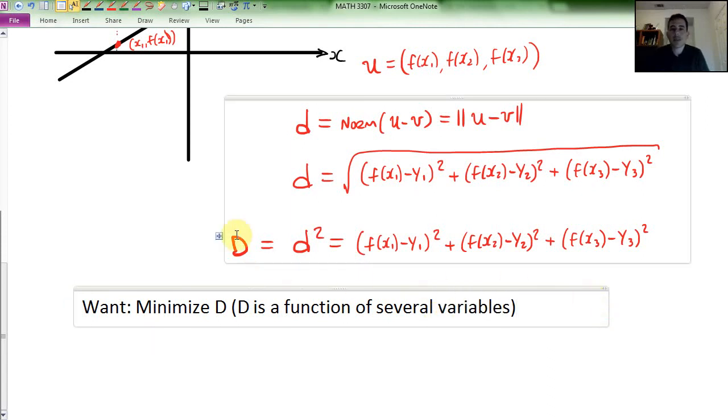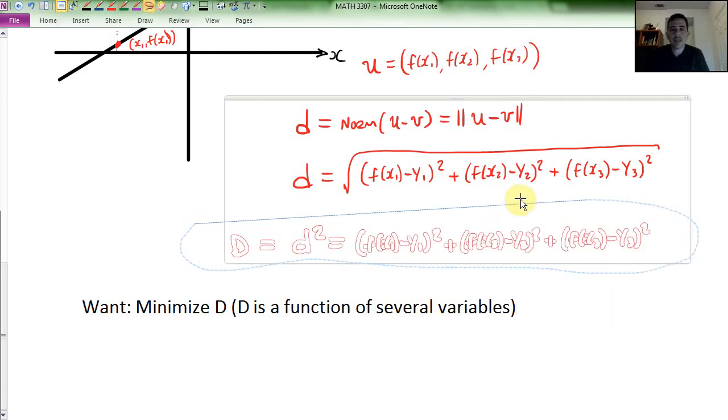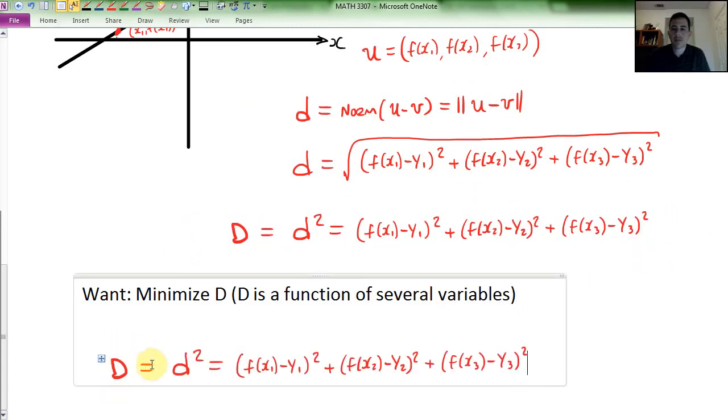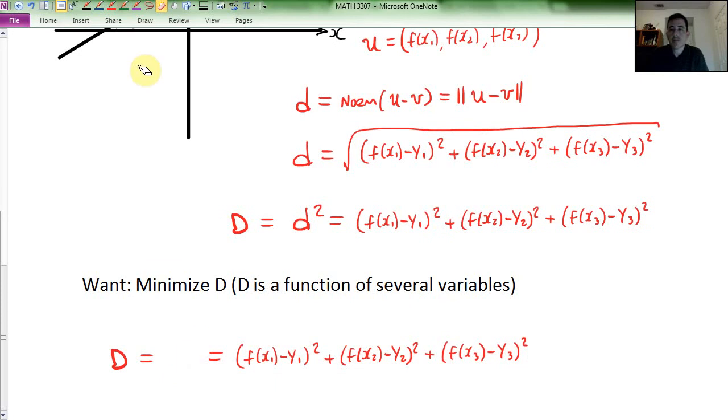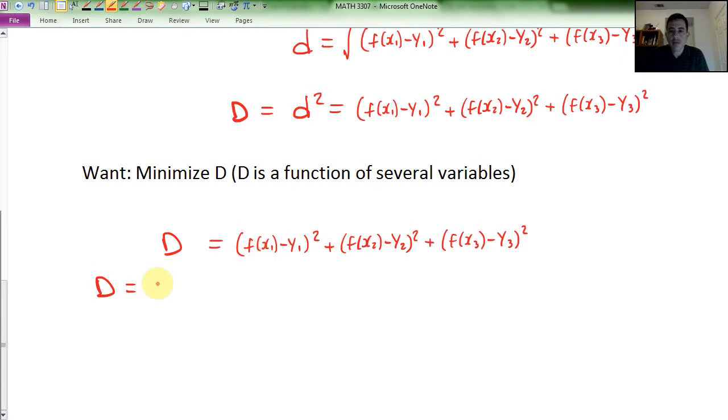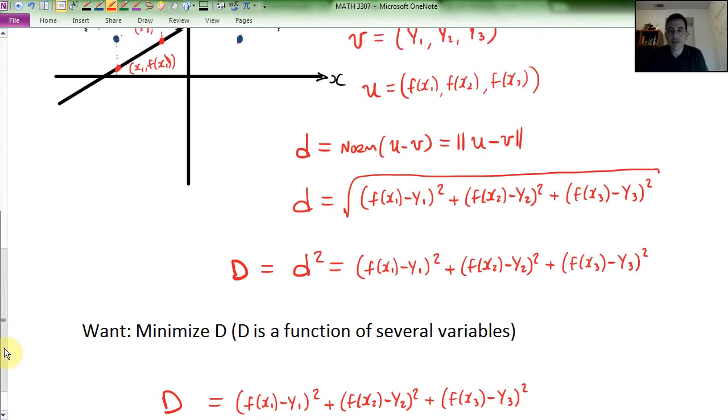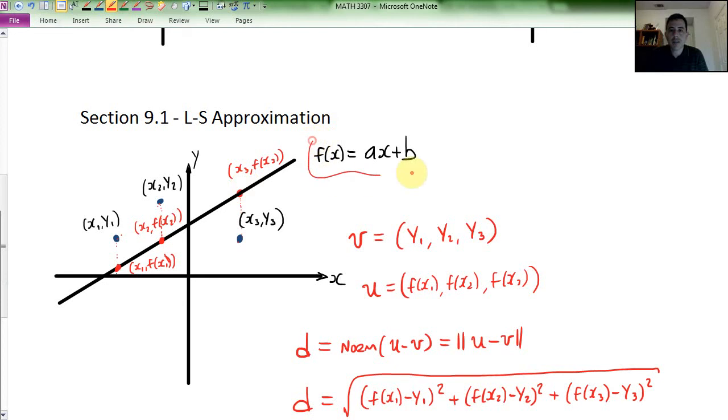Let me show you why. If I take d here, you will see that if you expand this formula for d, f1 is ax1 plus b minus y1, because remember, f of x is this function here. We're trying to figure out a and b.